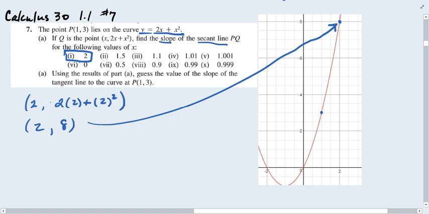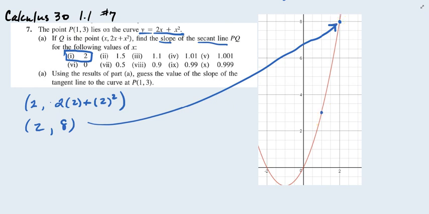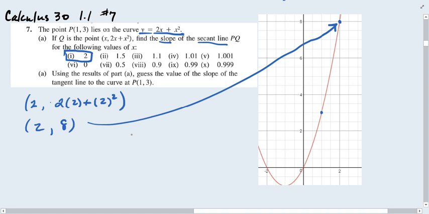And then what they're asking you to do is to find the slope between this point that we just plotted and the original point, which is 1, 3, right here. Okay, so let's find the slope. How do we find slope? If you recall, m equals y2 minus y1 over x2 minus x1.